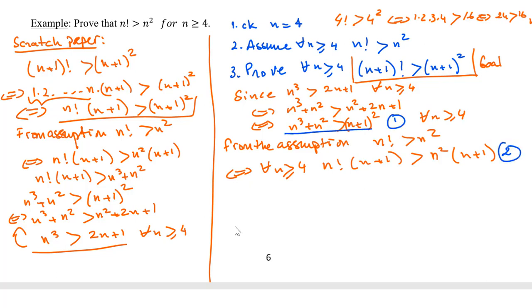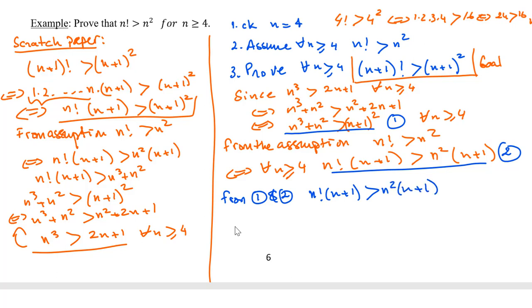If I call this one inequality 1 and this inequality 2, n squared times n plus 1 is the same as n to the third plus n squared. So what we get is n factorial times n plus 1 is greater than n squared times n plus 1, which is also greater than n plus 1 quantity squared.